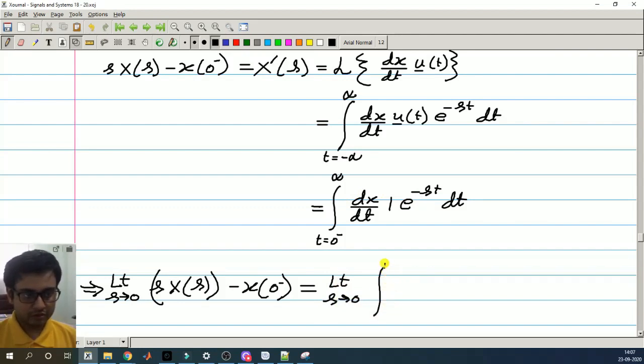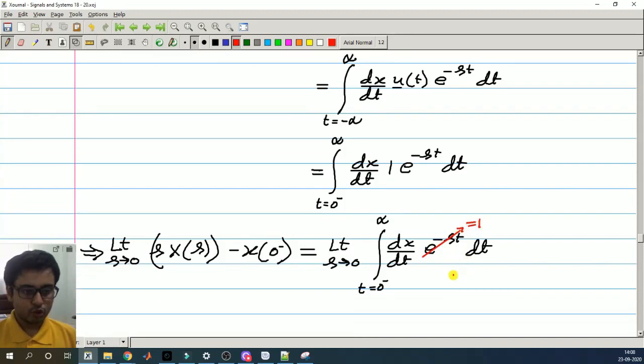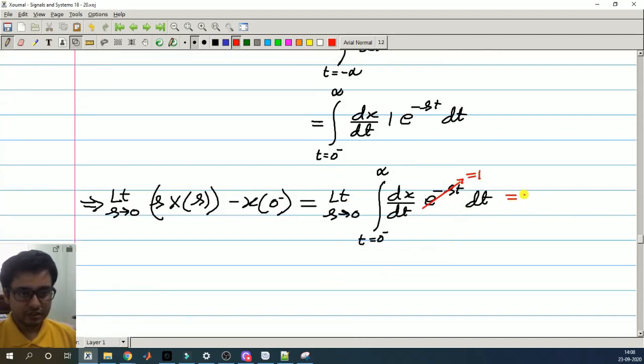Okay, so this is dx dt e to the power minus st dt, t from 0 minus to infinity. Now when s tends to 0, then e to the power 0 is 1, so we have the integration of dx dt only, from time 0 minus up to infinity.